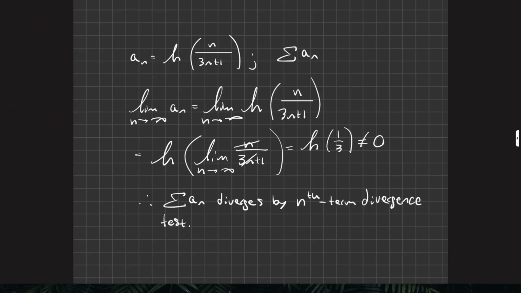Okay, let's move on to problem 13. So this is again in chapter 11, review problems, exercises 23 through 26. Determine whether the series converges absolutely, conditionally, or diverges.